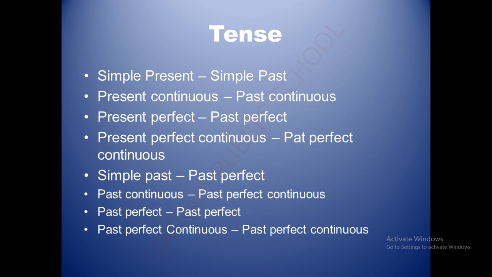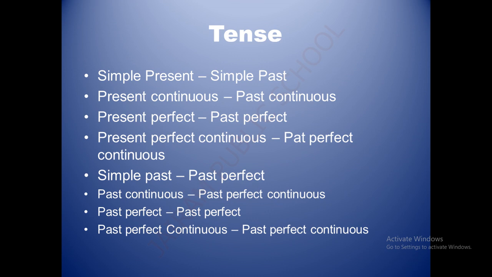And simple past to be converted into past perfect. Past continuous to be converted into past perfect continuous. Past perfect, there is no change, it will again be past perfect. Past perfect continuous is also the same, there is no change in tense. If you see past perfect continuous in direct speech while you're transforming into indirect speech, the same tense will exist in the indirect.